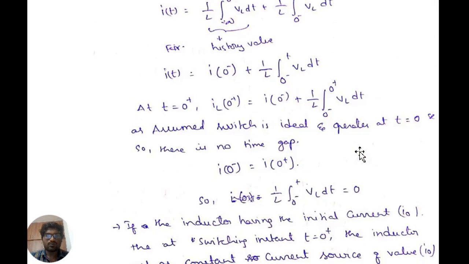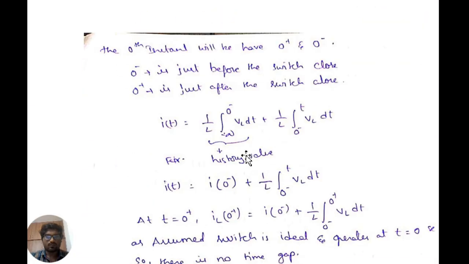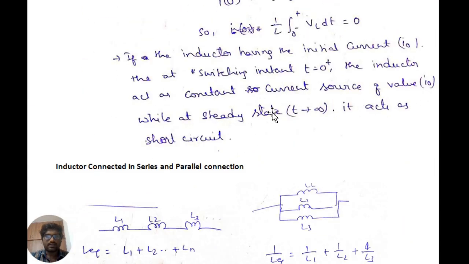If the switch is closed, we can see the switch with this condition at t is equal to 0 seconds. If the inductor has I0 current, then when the switch is closed, it acts as a source and delivers I0 current. At steady state, that is t tends to infinity, it acts as a short circuit.